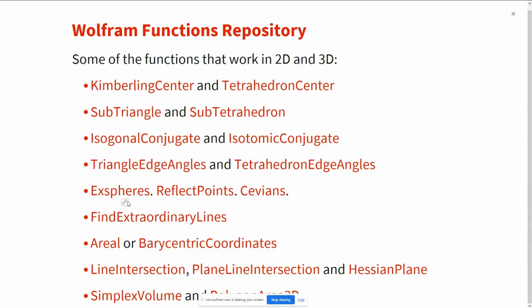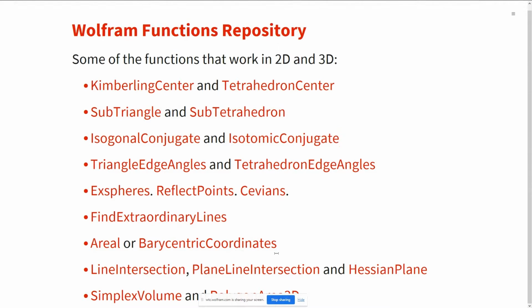X-spheres is pretty much like in-spheres, but spheres on the outside. Reflect points will reflect on a line or reflect on a plane. Cevians will find, based on a simplex and a given point, the intersections with the opposite face or line. Find extraordinary lines: if you have a group of points, it will find all sets of 3 or more points which form a line.